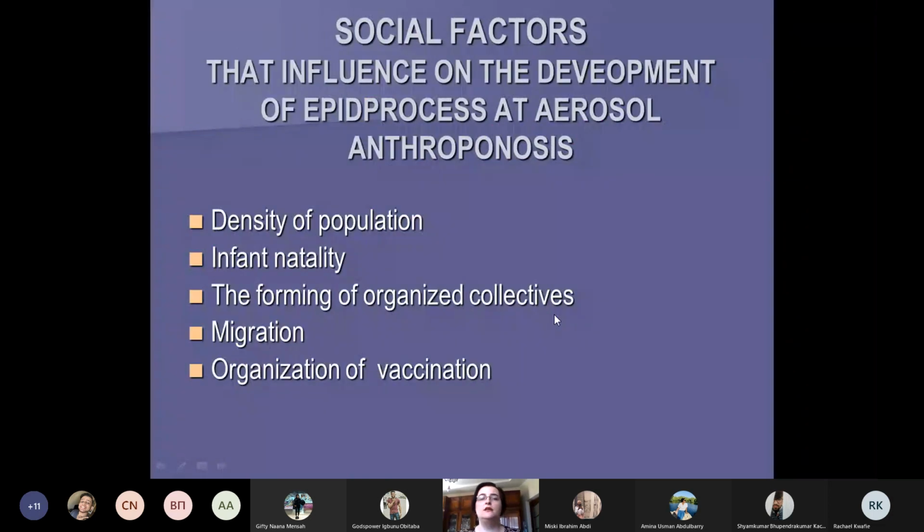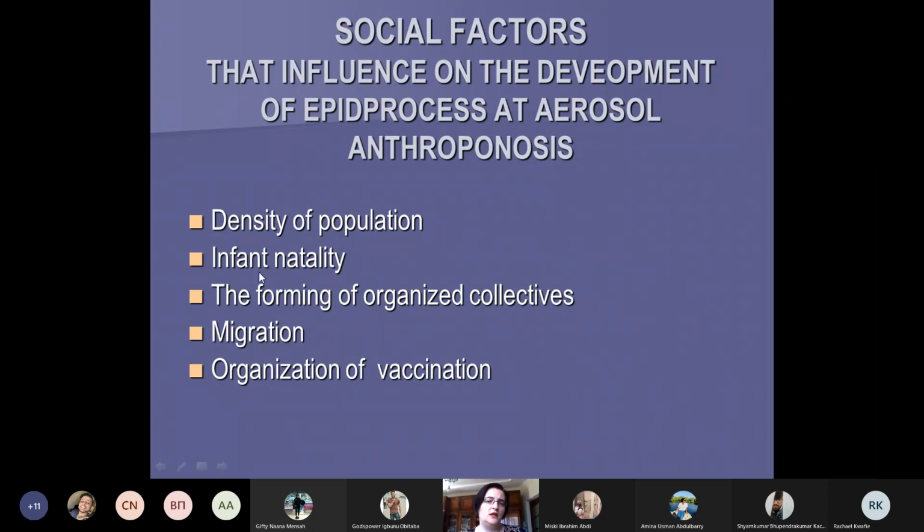Social factors that influence the development of the epidemic process in aerosol anthroponoses. Density of population: if the density is very high, it's very easy to catch the infection from another person.